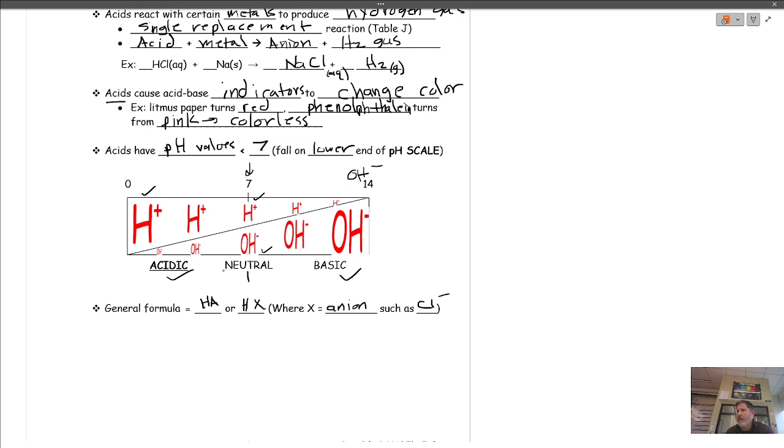Now, we will talk about pH. When pH is equal to 7, I just want to clarify, it means the concentration of the hydrogen ions is equal to the concentration of the hydroxide ions. So that's what it implies when a pH is 7.